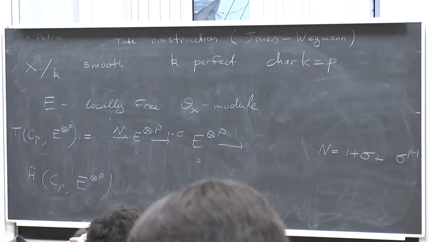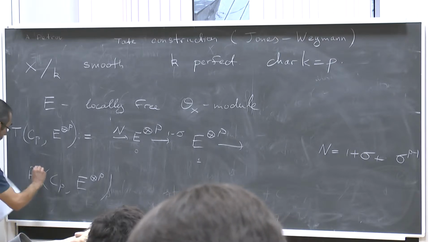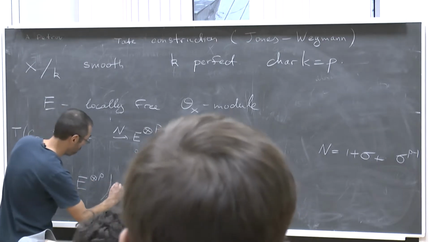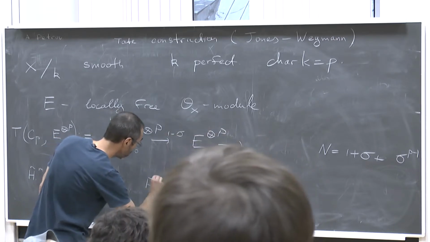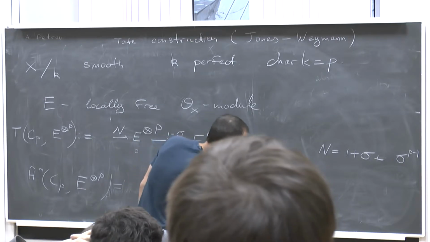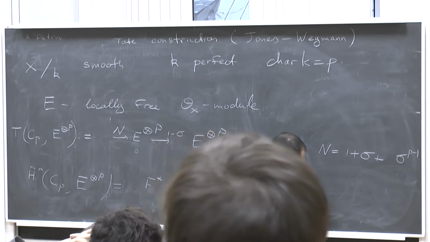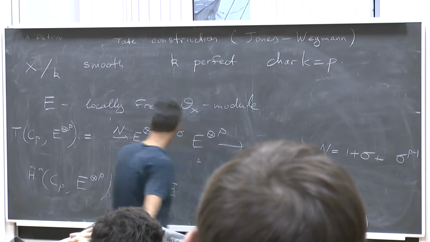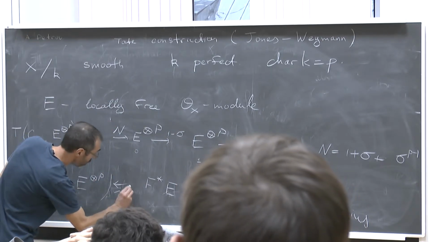This is a sheaf on X, and the claim is that in every degree, this sheaf is canonically isomorphic to the Frobenius pullback of E, where F is the absolute Frobenius. Okay, and the map is not the map in this direction.